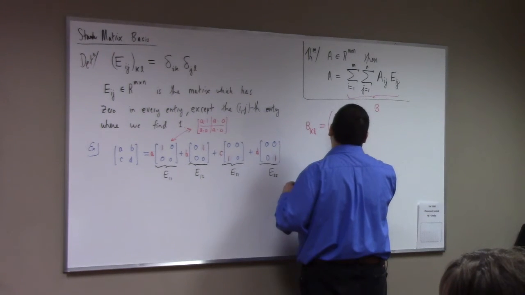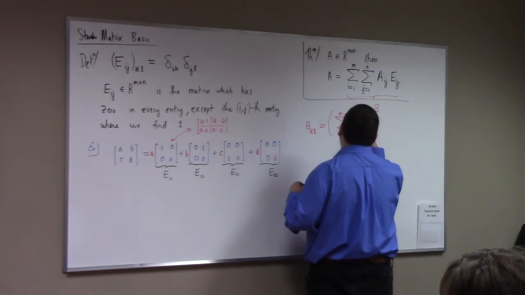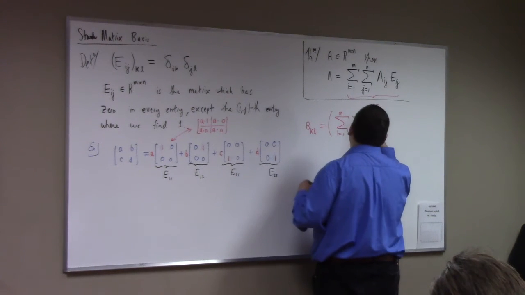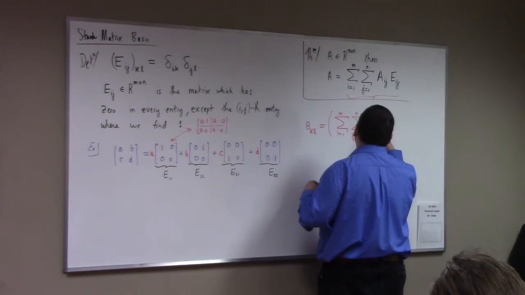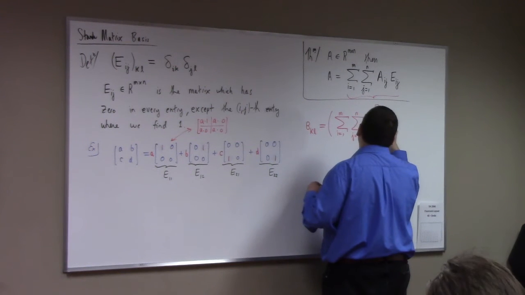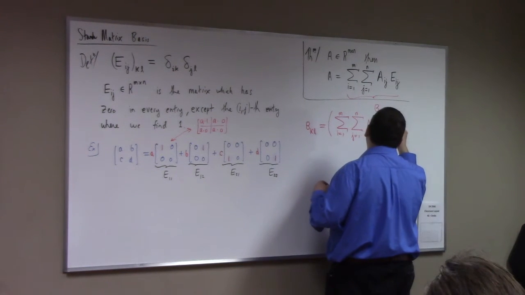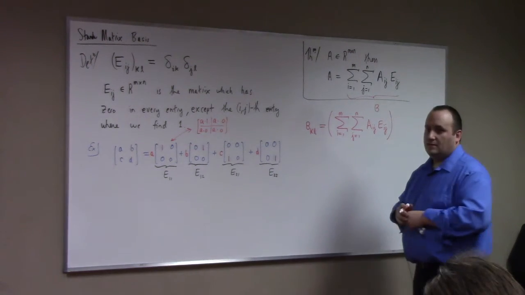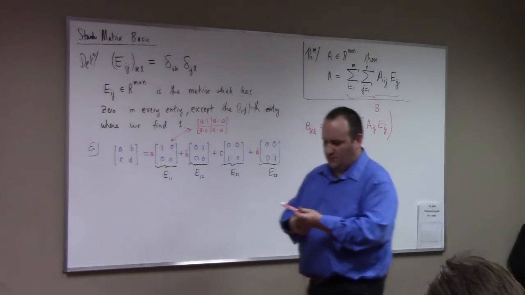Now here I'm going to need to use a theorem that I technically haven't proved in here. We defined addition for two matrices, but in fact you could use induction to prove the definition extends.